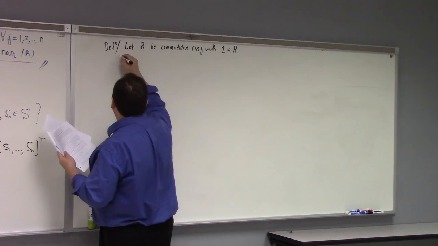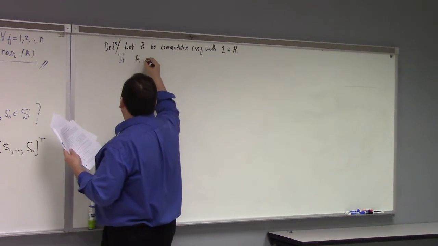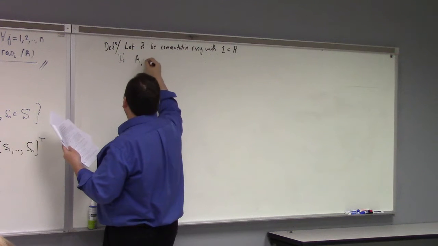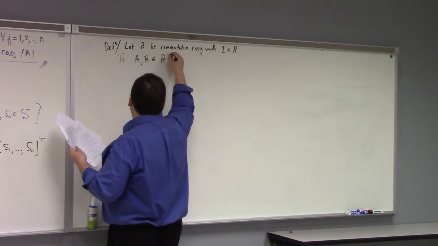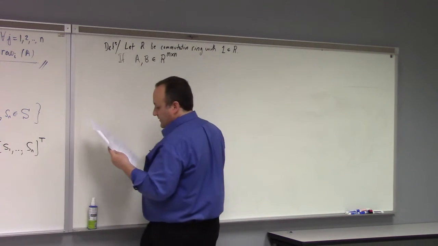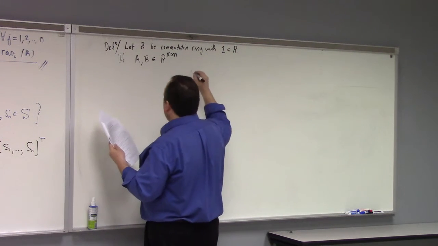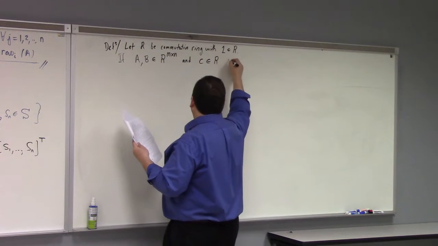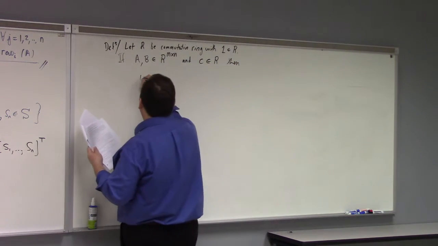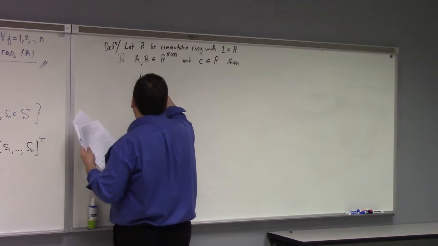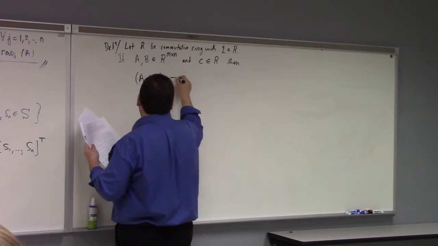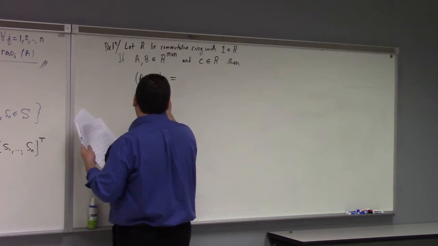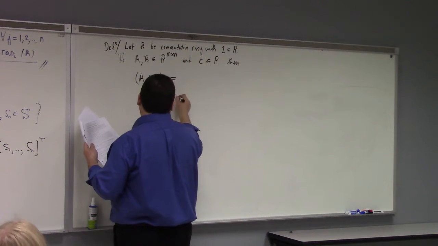So if A and B are in R^(m by n), and C is an element of R again, then (A plus B)_ij and (C times A)_ij, how are those defined?